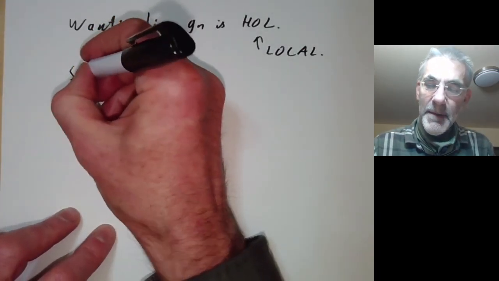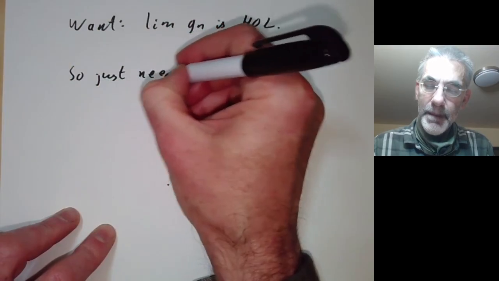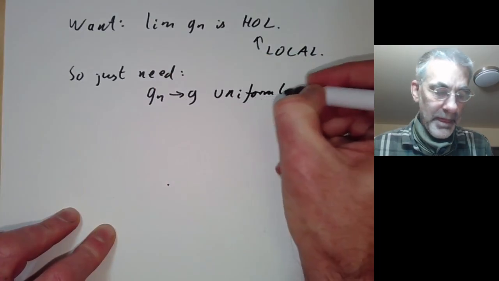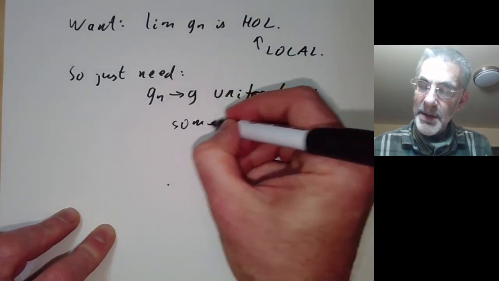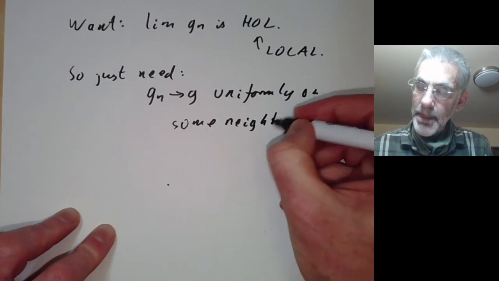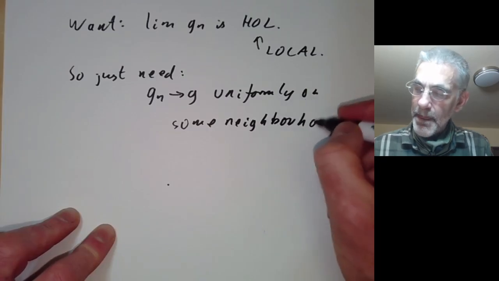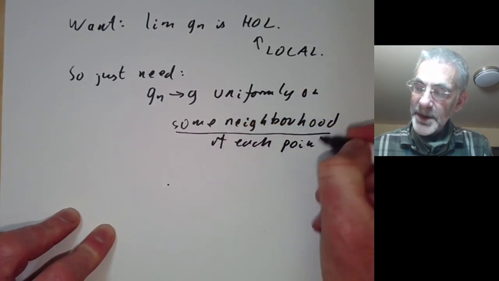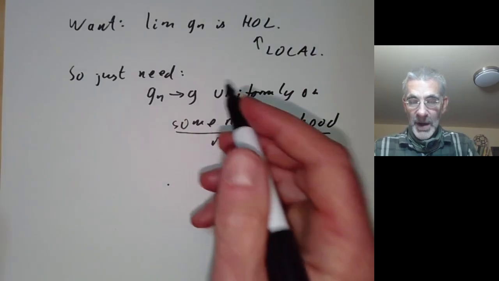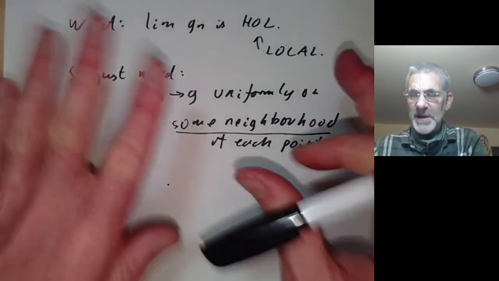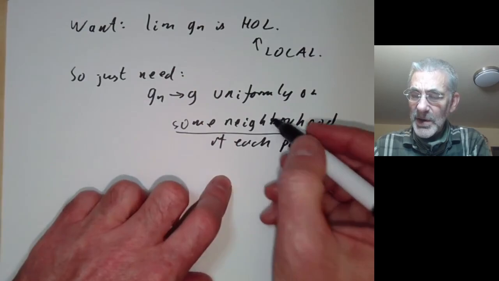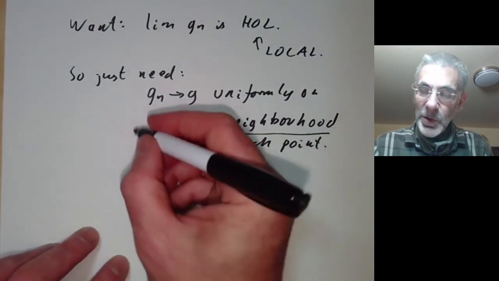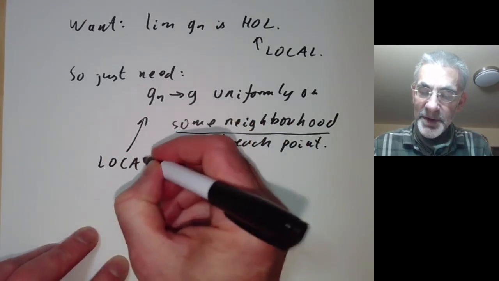So we just need Gn tends to G uniformly on some neighbourhood of each point. So we don't need it to be uniform on the whole of our domain of the function. We just need it to be uniform locally on a neighbourhood. So you can call this local uniform convergence.